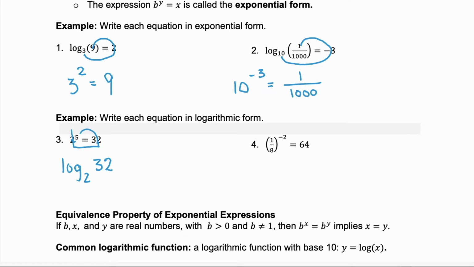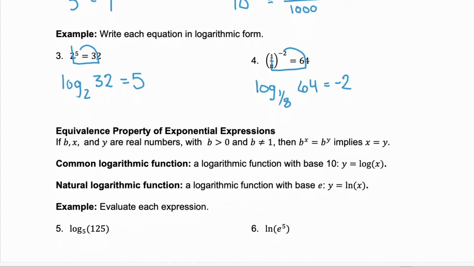And your exponent is equal to your answer, or the logarithm. How about example 4? The base of your exponent is the base of your log. Your answer for your exponent is your argument, and your exponent is your answer, or your logarithm.